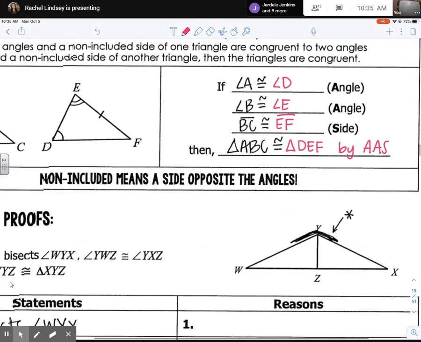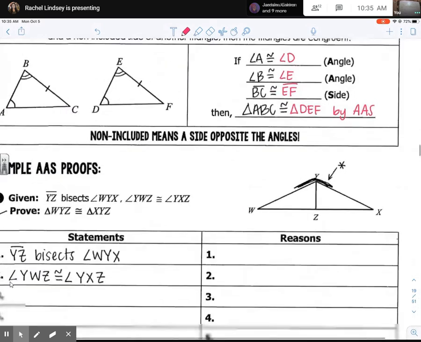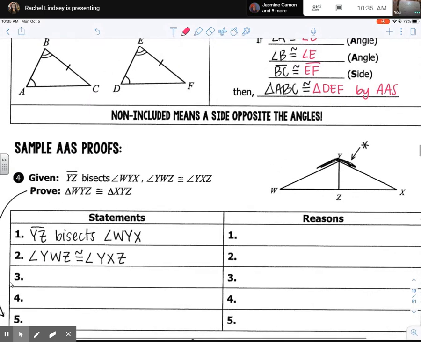Okay, so in example 4, we're given YZ bisects angle WYX. So I know there I'm going to have a definition of angle bisector, right? So I know that's going to be one of my reasons. And then it tells me angle YWZ is congruent to angle YXZ.